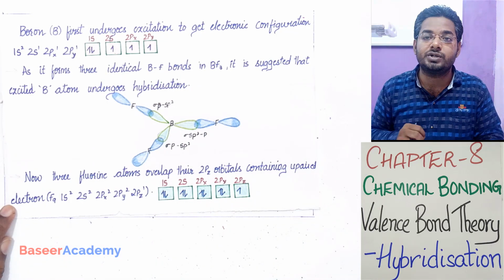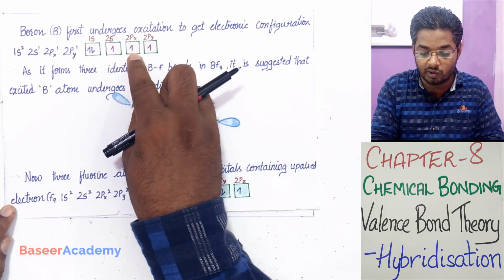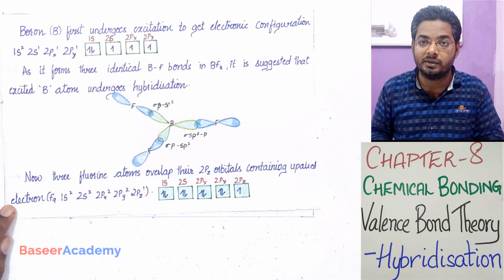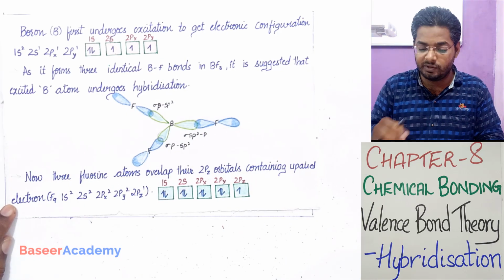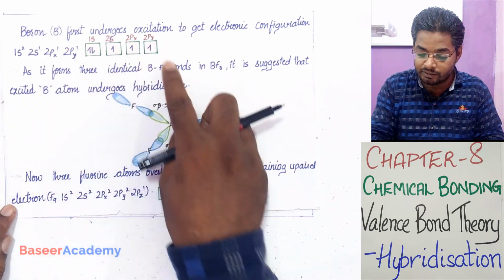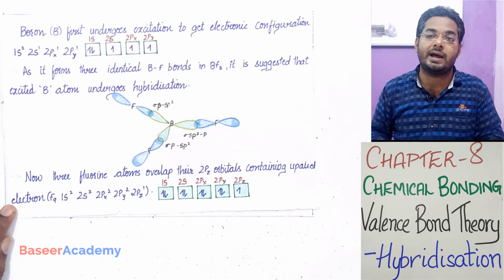The second bond should be formed when the 2px orbital of boron overlaps with the 2pz orbital of the second fluorine atom. And the third bond obviously should be formed when the 2py orbital of boron overlaps with the 2pz orbital of the third fluorine atom.